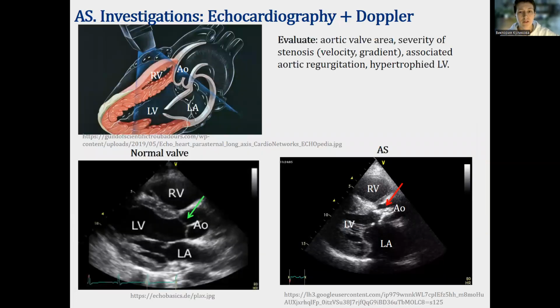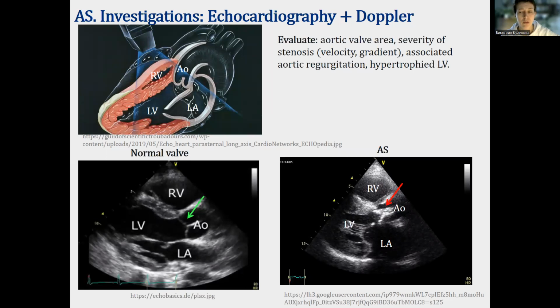So, echocardiography with Doppler is the main instrumental investigation of valvular disorders. On the picture above, you can see a scheme of ultrasound and the heart structure's anatomy.